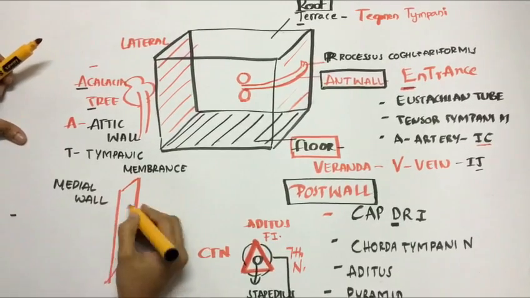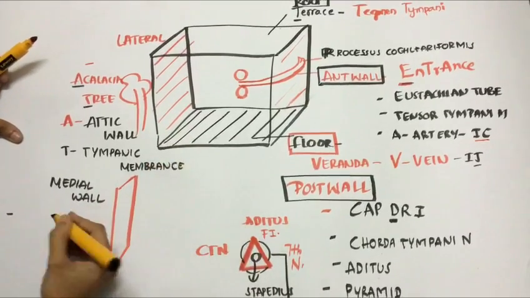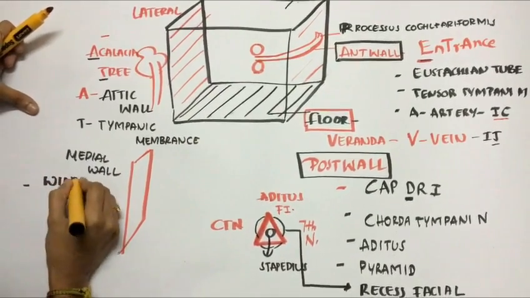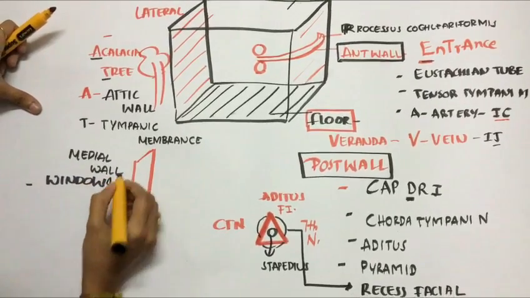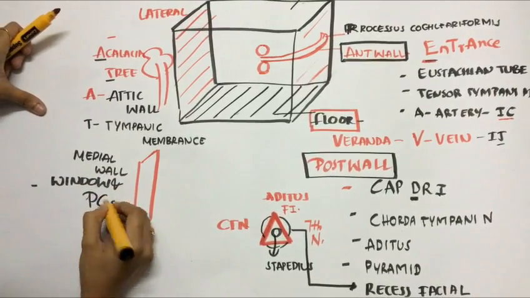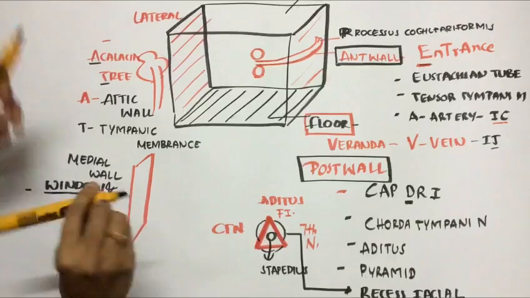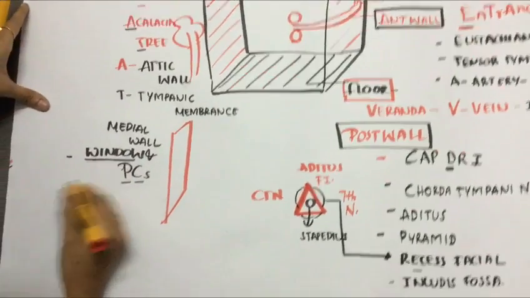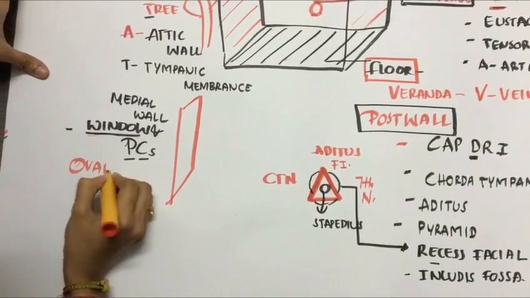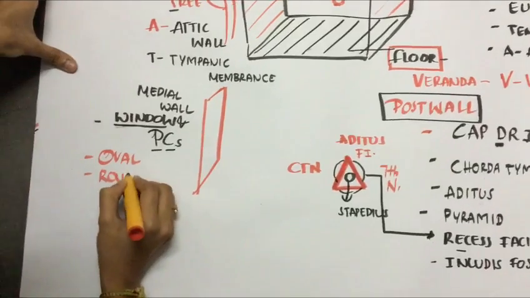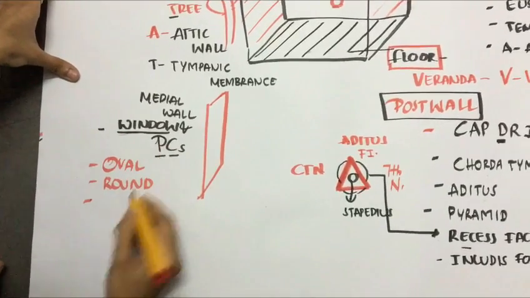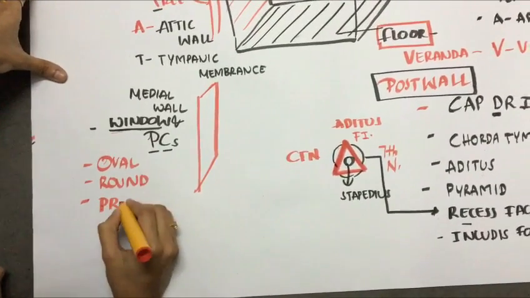Remember, on the medial side of the middle ear, there are windows. There is a window and personal computers. Window and personal computers. The windows are the oval window and the round window. P for promontory.